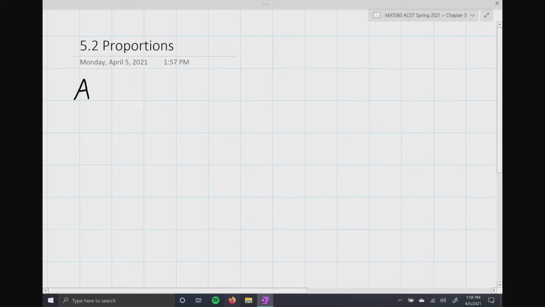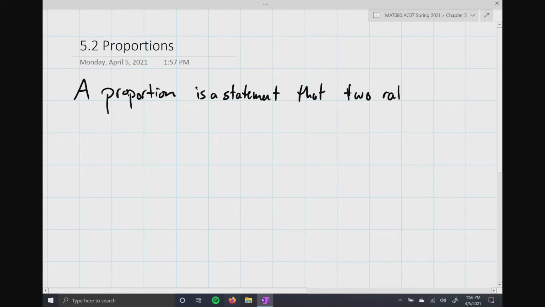So, well, I guess that's what we're going to be using it as. Just let me write down the definition first. A proportion is a statement that two ratios are equal. So a ratio equal to another ratio.